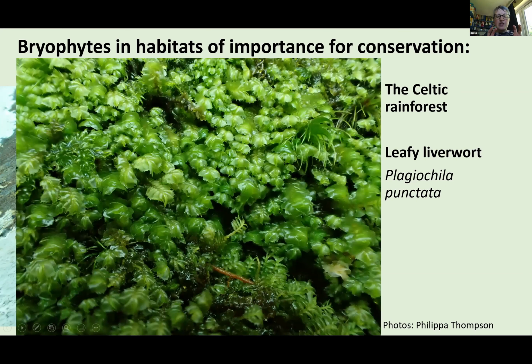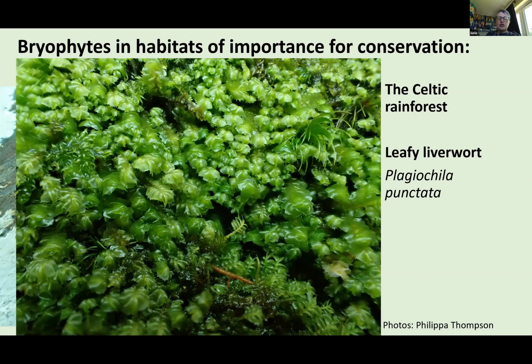But what's really funny about this liverwort is that when it grows as a tuft, which it does, with lots and lots of shoots growing together, and when it grows on trees, it projects forward. This little cushion projects forward.